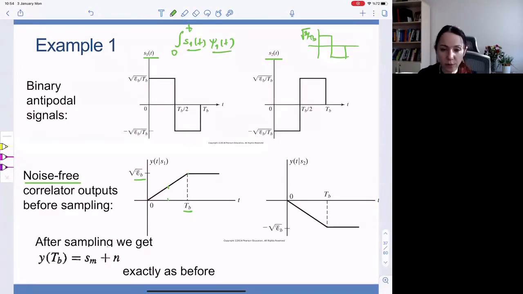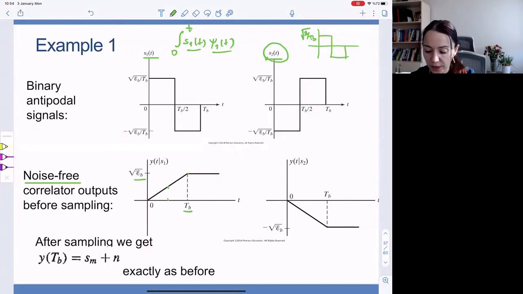Okay, we will talk about the optimality of a correlator later on. At the moment, I'm just giving you what it is without giving you the why or why it's optimal. In the case that S2 is sent, when we multiply by gamma 1, the result is going to be always negative.